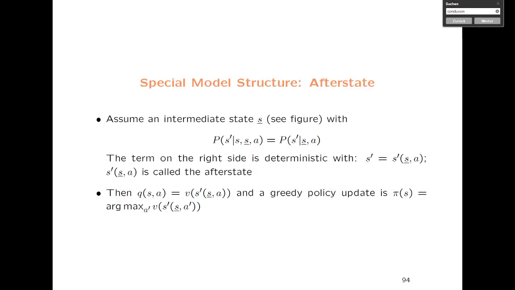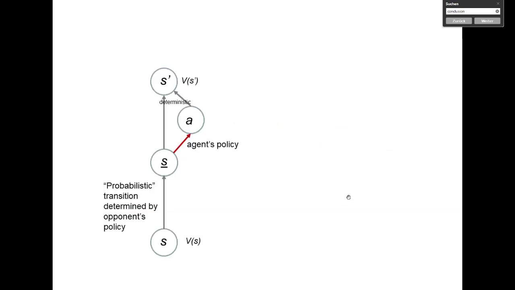Two comments on the appendix. So here's the structure of the after state, or let's look at the graphics first. There's a state after your move, so the move of the agent.